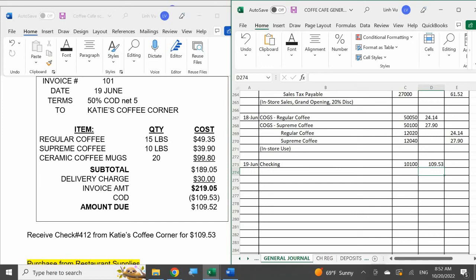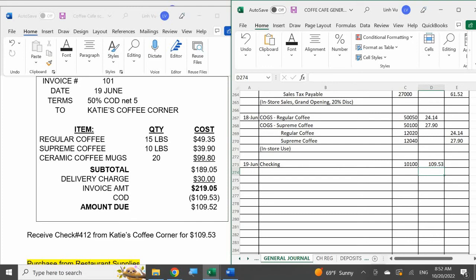So what about the other half? Would it be the prepaid account? In this case, she's not even making the payment ahead of time.